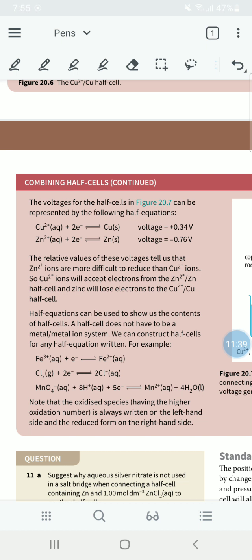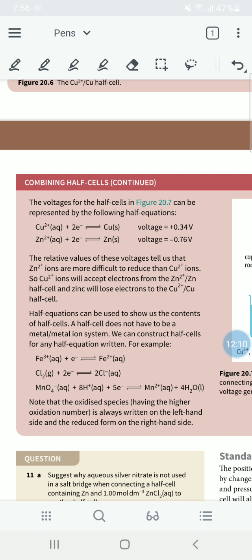So from where to where will the electrons flow? We know that zinc ions are more difficult to be reduced. Copper ions are easily reduced because it has a positive value, and zinc ions have a more negative value. So copper ions will accept electrons from zinc, and zinc will lose electrons to the copper half cell.